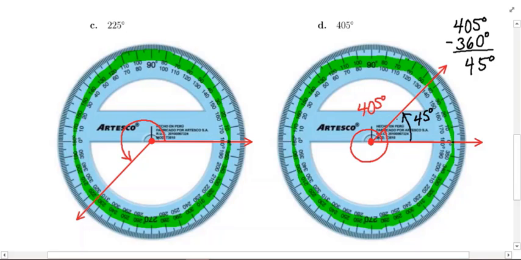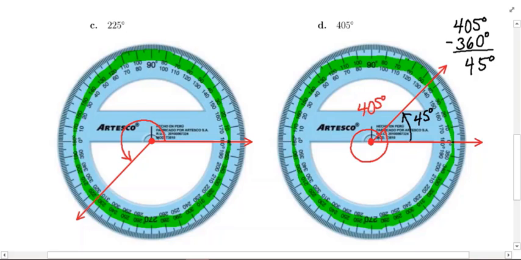You can tell from looking at both the red angle and this little black angle here, both 405 degrees and 45 degrees have the same initial side and the same terminal side. The difference is that this time they even have the same direction, but they differ in the amount of rotation that was performed. So here is another example of coterminal angles.